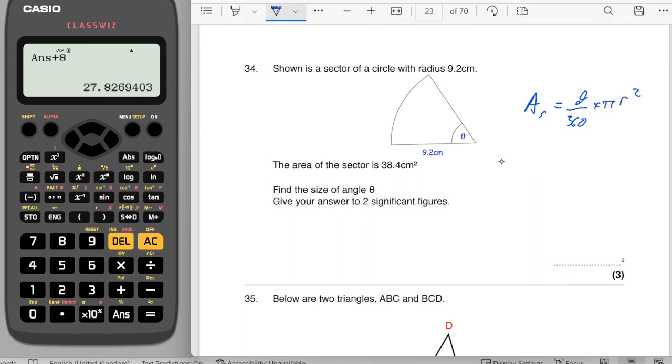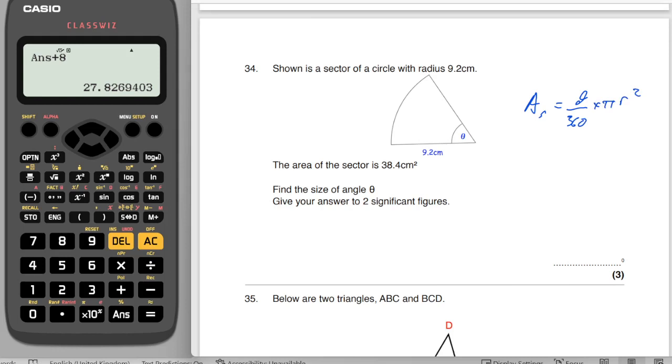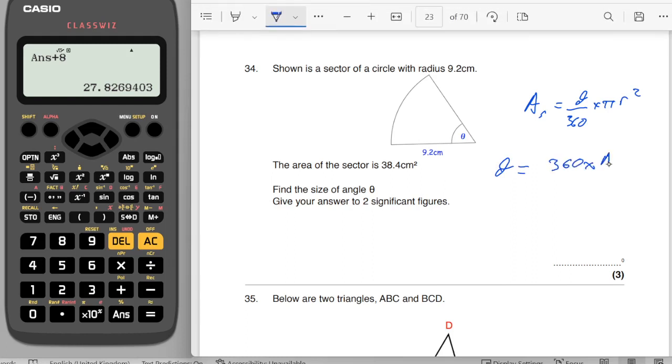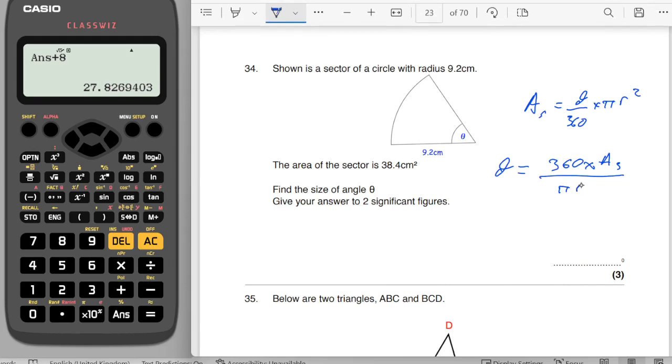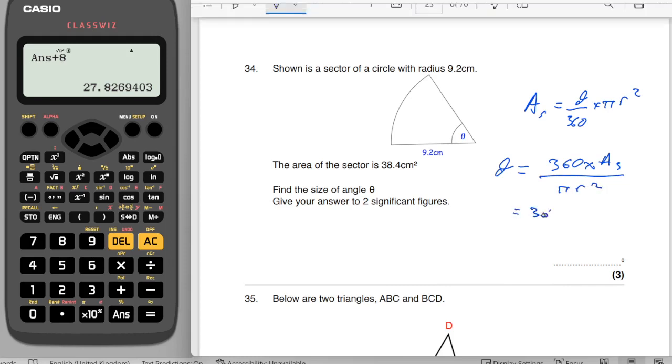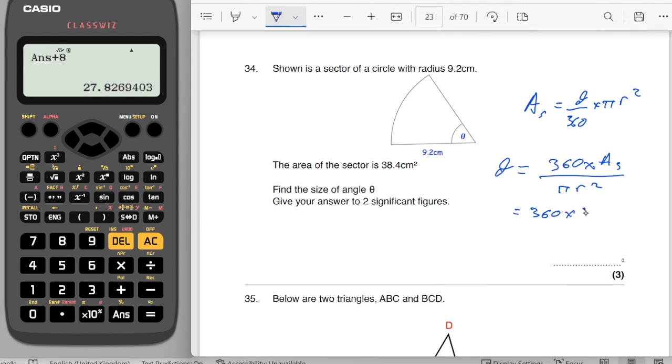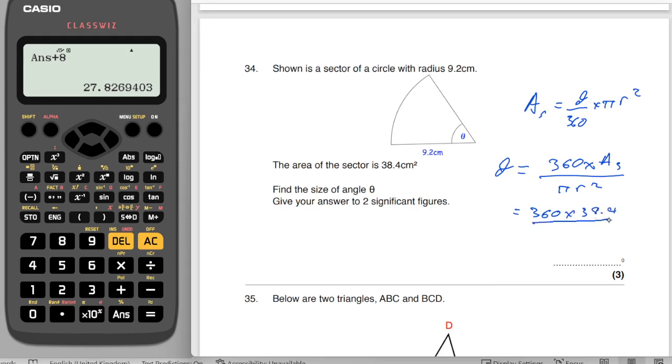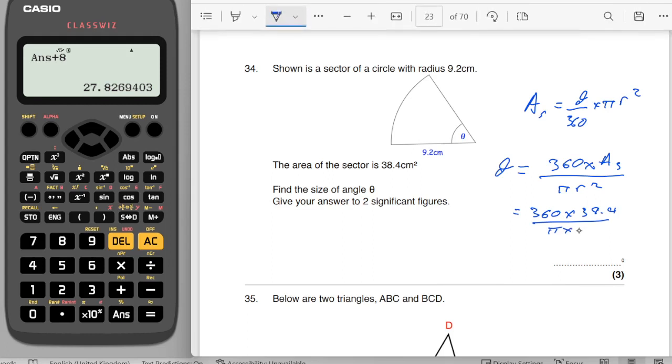So if we're told the area, I'm going to rearrange that now. So I'm going to say that the angle, and there's nothing wrong with you not doing it right now, is going to be equal to 360 times the area of the sector, and I'm dividing that by pi r squared. So if I then substitute in, I'm looking at 360 times 38.4 divided by pi times 9.2 squared.